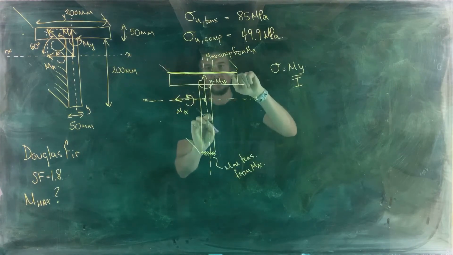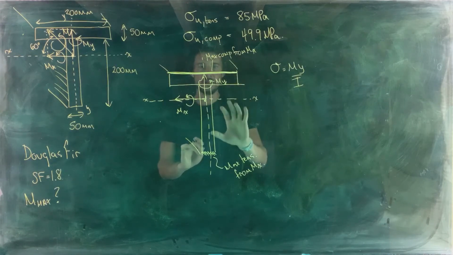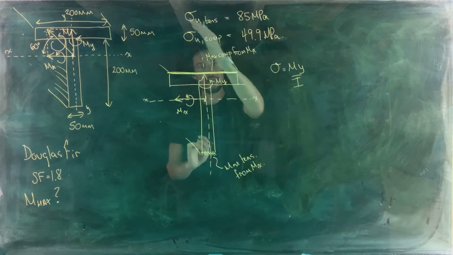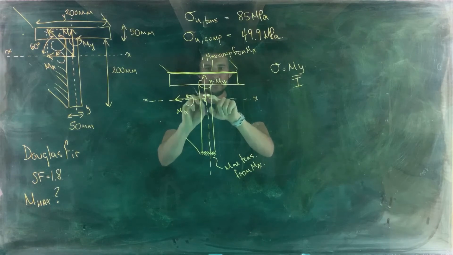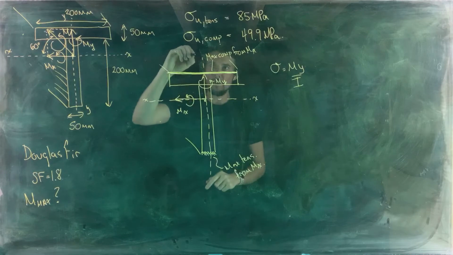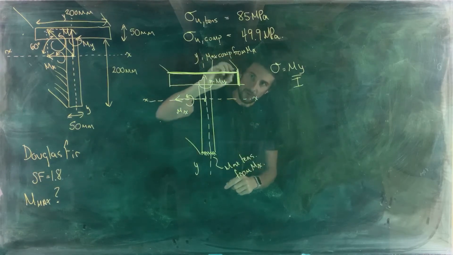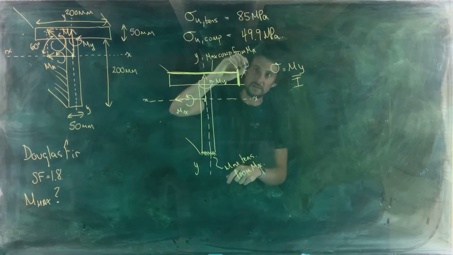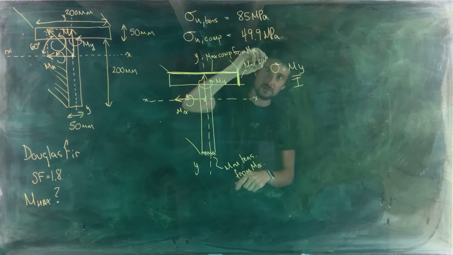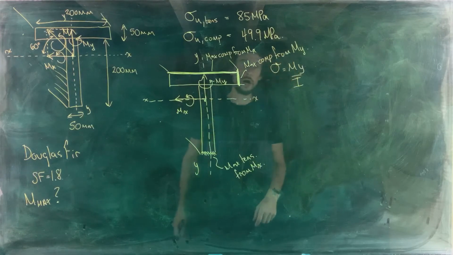So it's taking the whole, what is for me the right hand side of the cross section, and pushing it back in on the beam. And so the level of compressive stress just from My is going to increase as we move away from the YY axis. So maximum compressive stress is going to be along this line from My. So this is max compressive stress from M subscript Y.